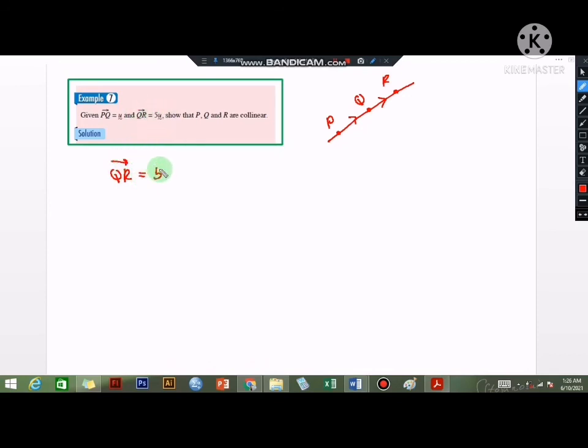U represents the vector PQ, so QR is 5PQ. This is how you do it. So from here we know that PQ and QR are parallel.